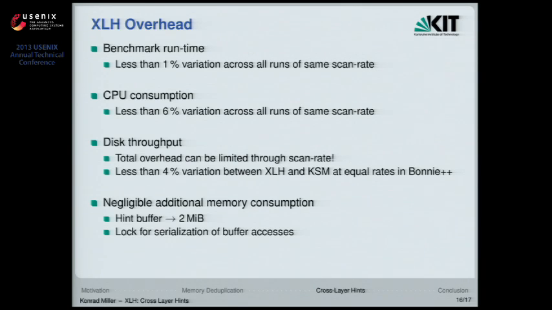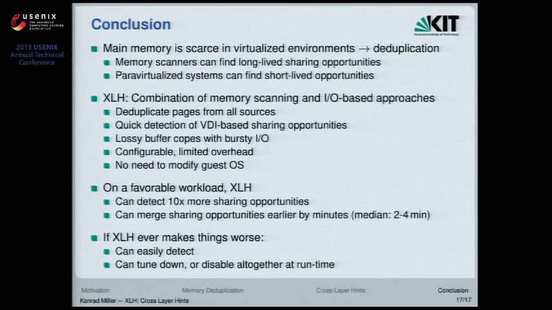To conclude the talk, as we all know, main memory is a scarce resource in virtualized environments, and deduplication helps mitigating this effect. Memory scanners can find long-lived sharing opportunities, while para-virtualized systems can find short-lived opportunities at different costs. XLH is the combination of the two.